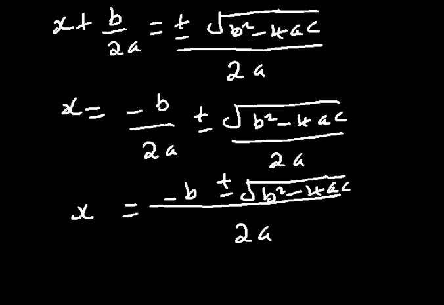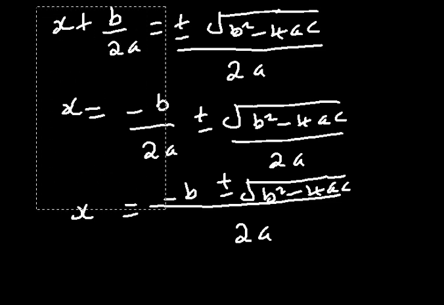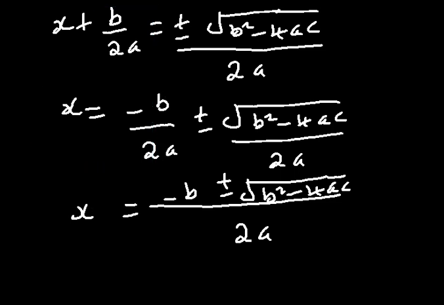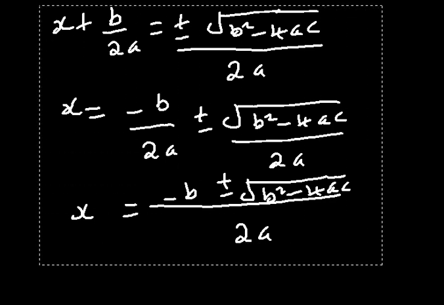Therefore, this is what we call the quadratic formula that we can use to solve for the variable of the equation, for instance x. And a, b, c are the constants from the given quadratic equation.